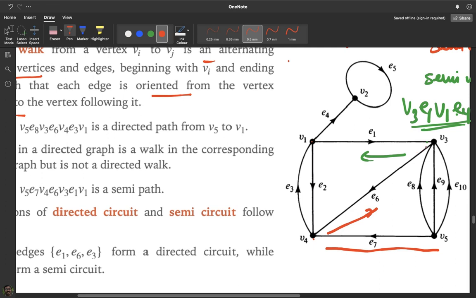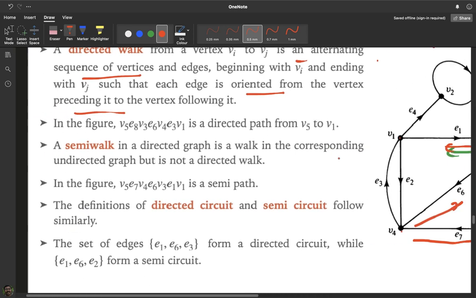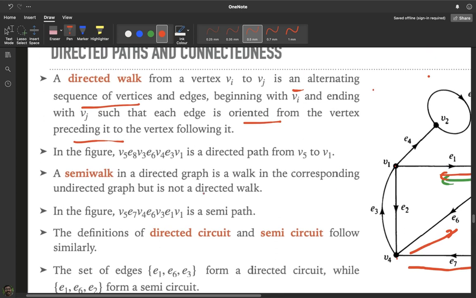Once I reach V3, again I go through E1 to reach V1. We are not following the direction, so it is not a directed path, but it is a path in the corresponding undirected graph. That is what is meant by a semi walk. Sorry, here I have to write semi walk. Yes, the meaning is understood.